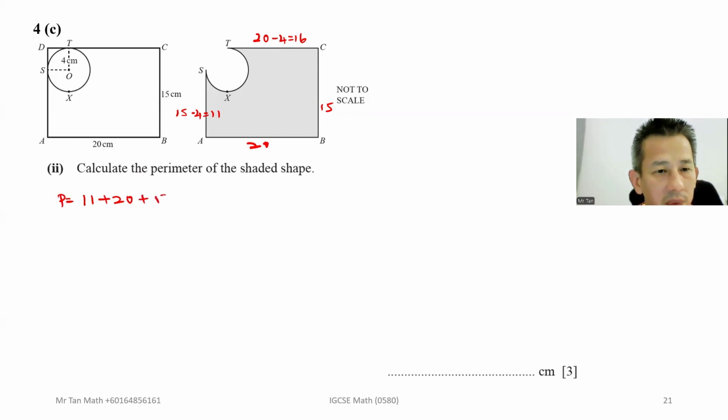plus 15, plus 16, and plus the 3/4 of the circle. 3/4 times 2 pi r, where r is 4.